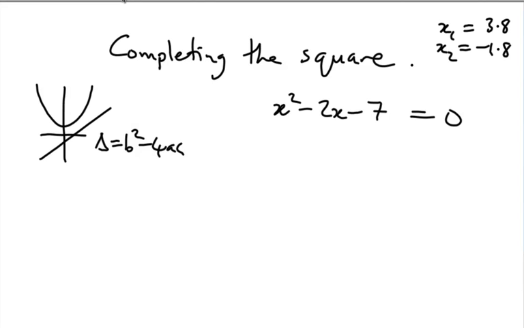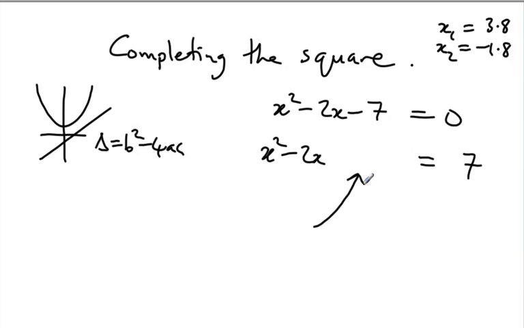Now, completing the square is this process. We basically take the x squared and the minus 2x. We take the 7 and put it over here. And then we ask ourselves, what do we put in that gap so that the left-hand side is a perfect square?